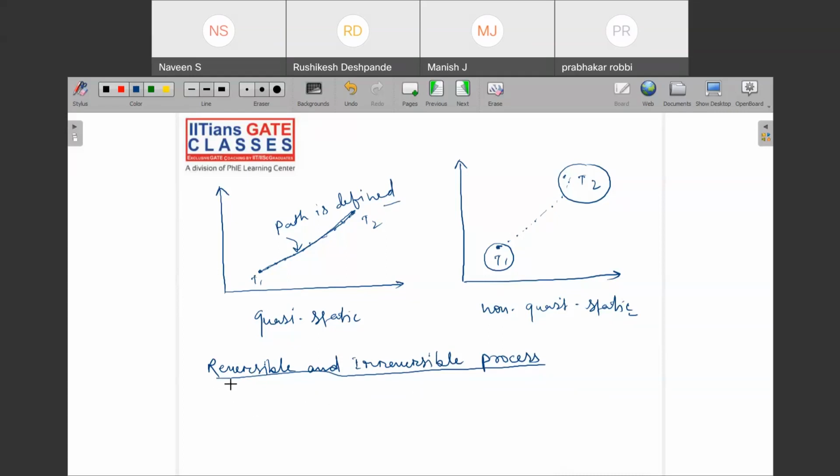So next thing is reversible and irreversible processes. Reversible means what? Let us say that you have started your journey from T1 and you have reached T2. And then when you reverse back from T2 to T1, if there is no effect left on the system, why?